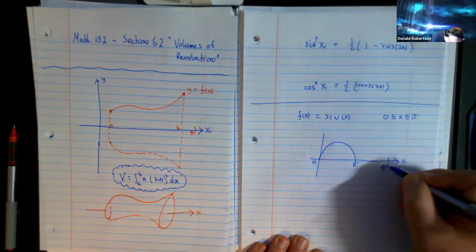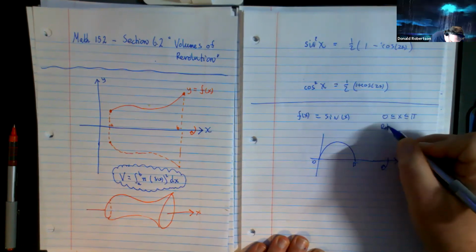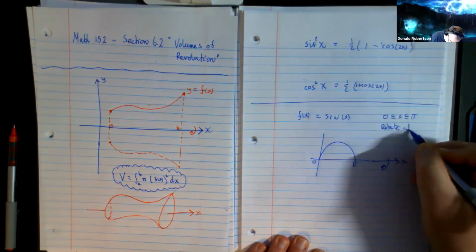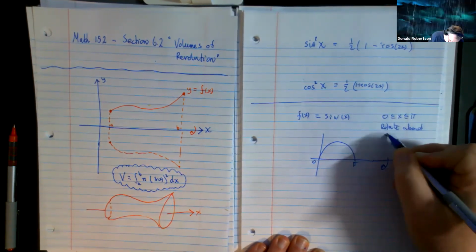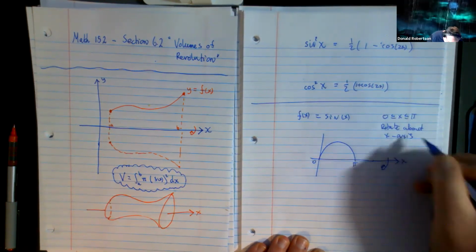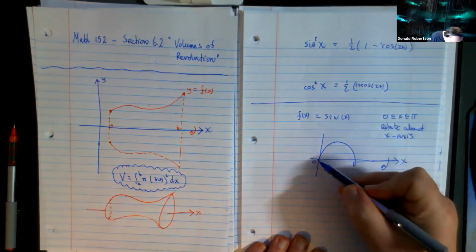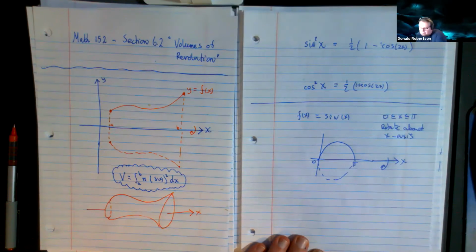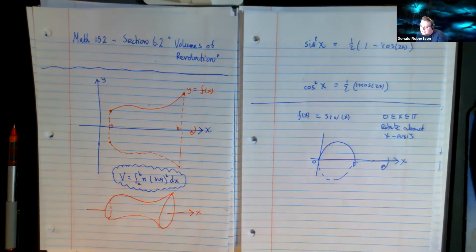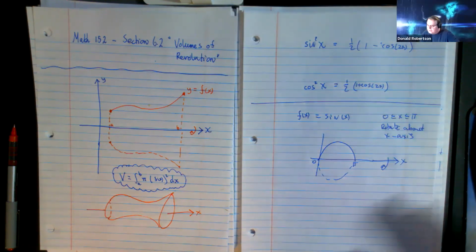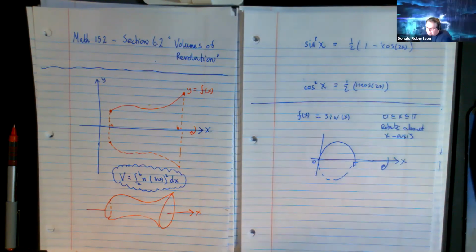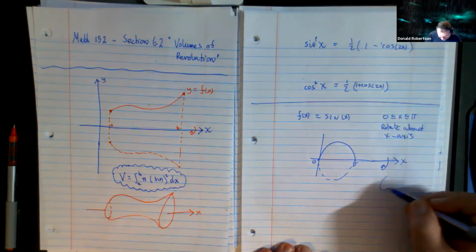And I'm still going to rotate about the x-axis. Could you imagine the other half like that? It might look like a sphere to you, but it's a bit more like a lemon. Can you imagine somebody got a sphere and kind of crushed it down a little bit? It's almost spherical, but it's not a perfect sphere. So it would look like a little bead, right?